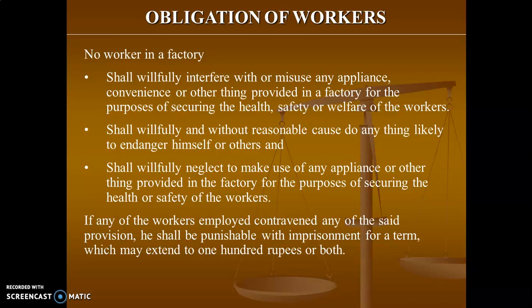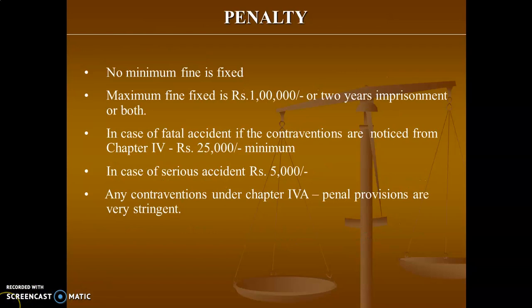If any of the provisions or sections is contravened by the worker, it will be treated as a punishment. Generally, what type of penalties are given: no minimum fine is fixed for any of the cases. The maximum fine is fixed at 1 lakh or 2 years of imprisonment. In case of an accident with contravention of a notice from Chapter 4, it is 25,000 minimum.